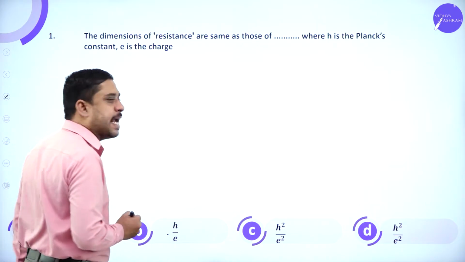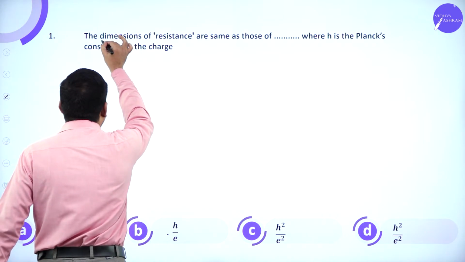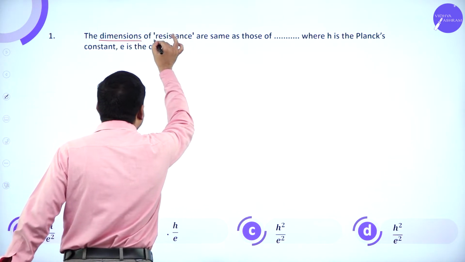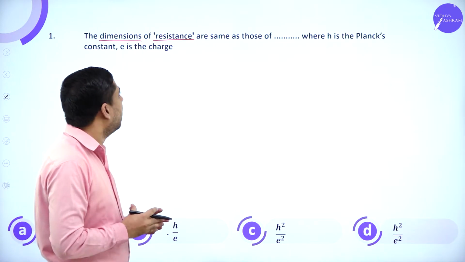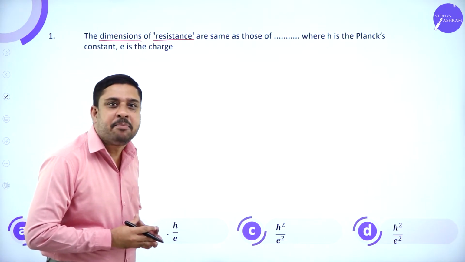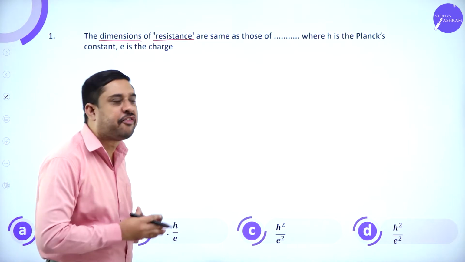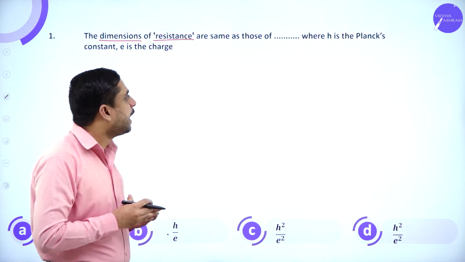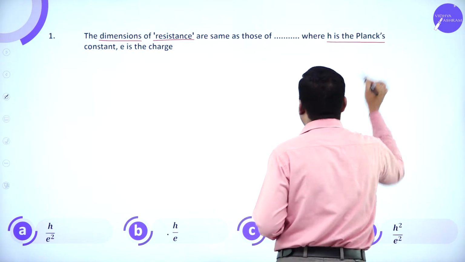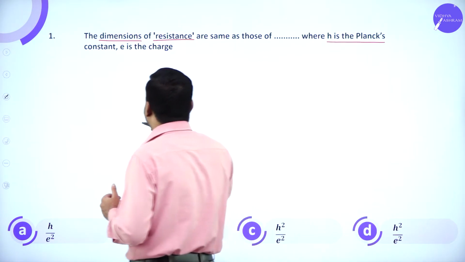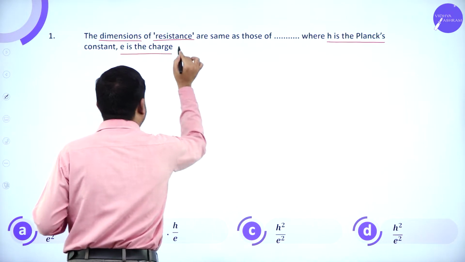The problem says the dimensions of resistance are same as of, where H is Planck's constant and E is the charge.